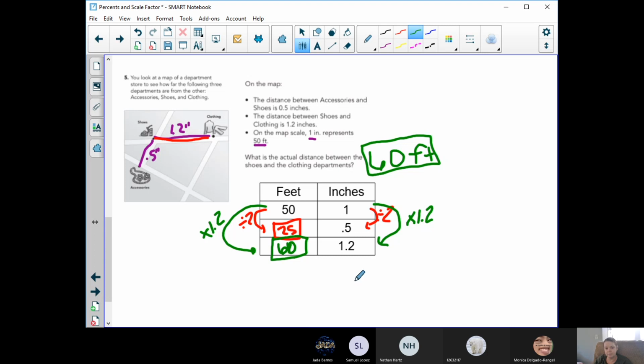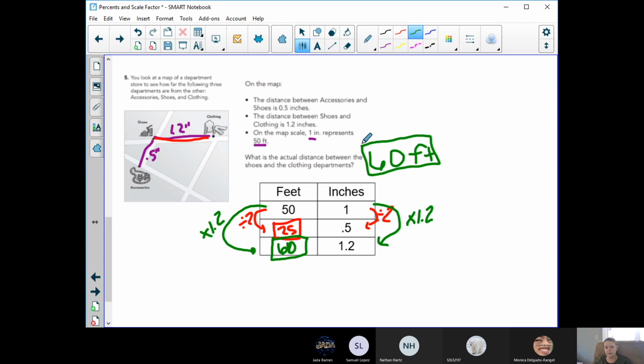How would you figure that out? 25 plus 60. Well, we're not going to subtract, Monica, because we went from here to here and then here to here. So we're going to add those distances together, okay? And you should get 85 feet because you're going to have a couple problems today that are going to have you add the distances. So just pay attention to what the question is really asking you.